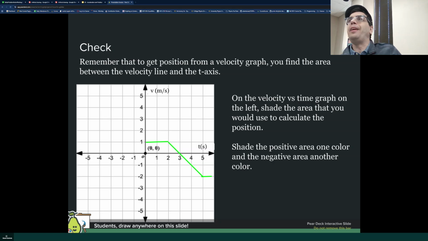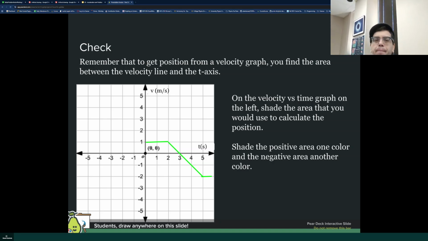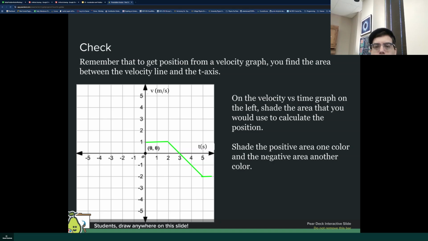The one additional piece of information is when the area is positive or negative, and that's just whether the graph is positive or negative at those points. Make sure you do use two different colors, one for the positive and one for the negative.